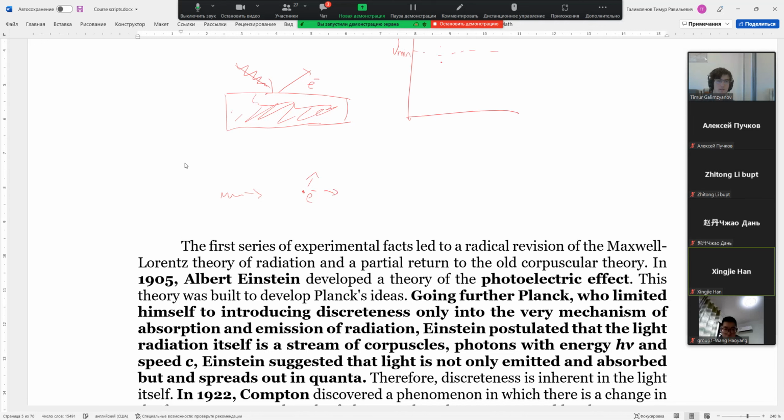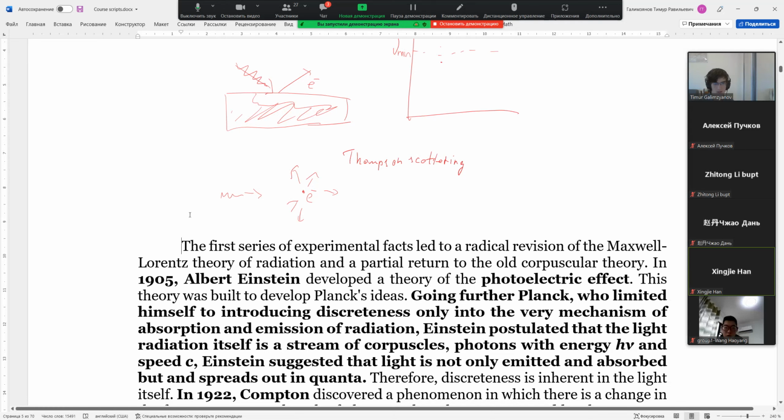That's the so-called Thomson scattering. But during the Thomson scattering, the light scatters in all directions, but it does not change its frequency. It cannot change its frequency.